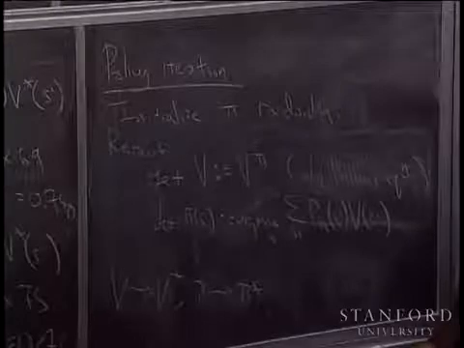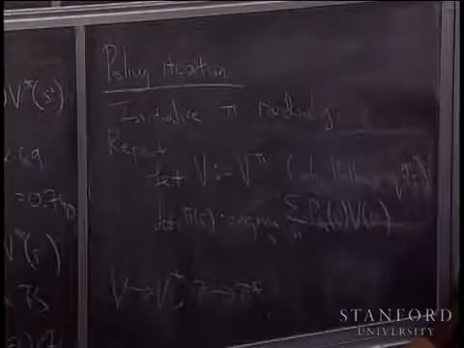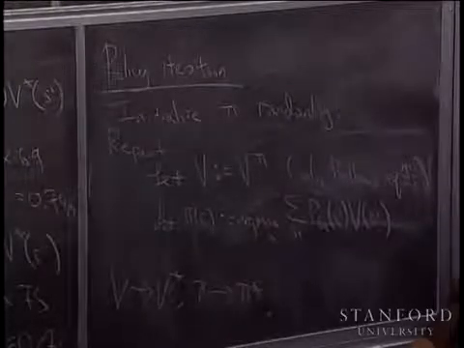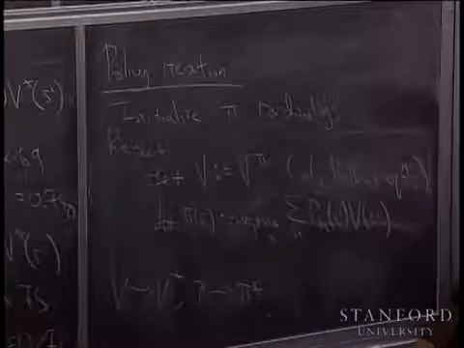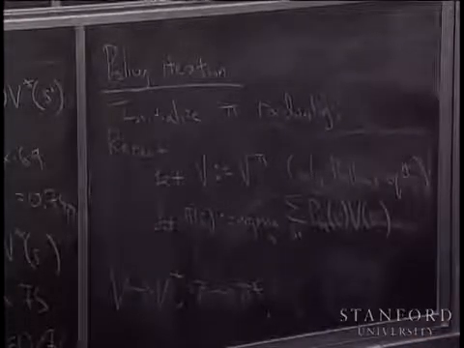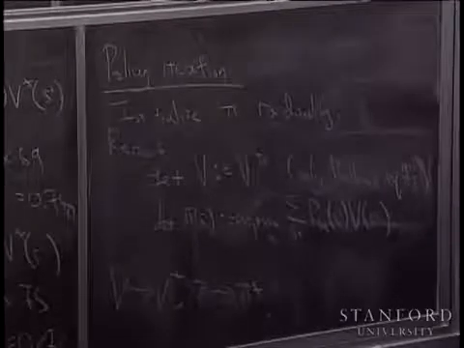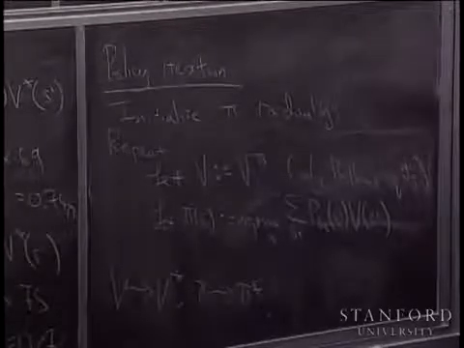It actually turns out that there is a way to pose the problem of solving for V star as a convex optimization problem, as a linear program. You can write down V star as the solution to a linear programming problem.